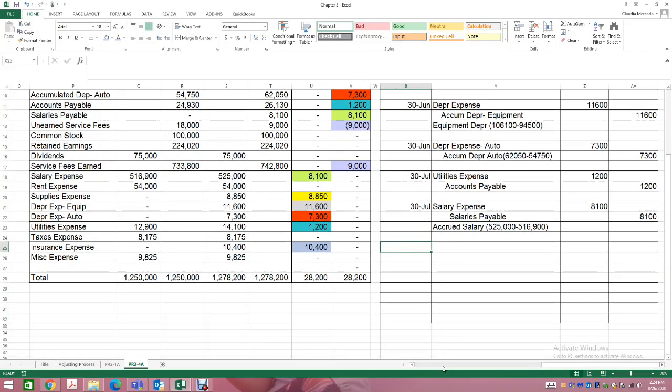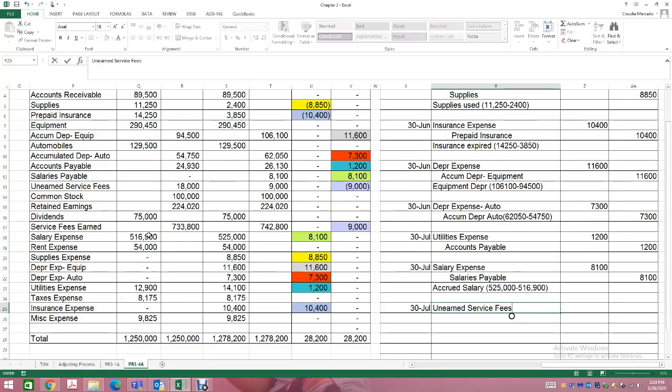So that's happening as of July the 30th. We're going to debit my unearned service fees, since my unearned service fees are decreasing. The normal balance is a credit, and debit decreases it.